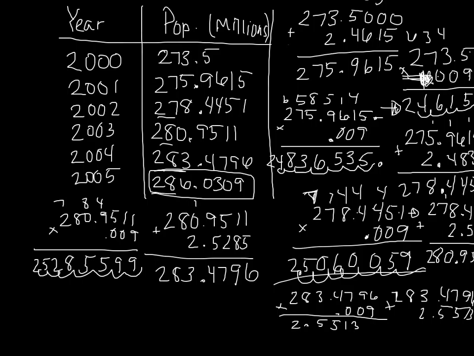So if the question asks you how many are in 2005, there's going to be 286.0309 million people living in the United States.